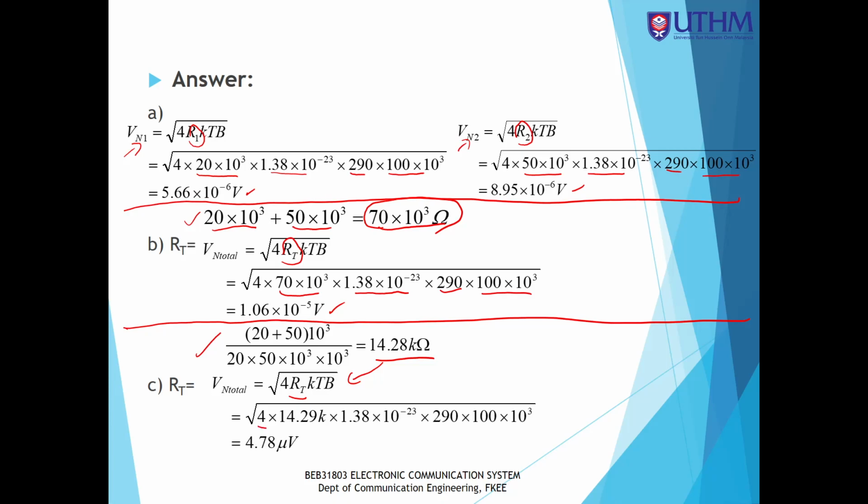So 4 times 14.29 kilo ohm multiplied with Boltzmann constant, the room temperature, and the bandwidth. So you get 4.78 microvolt.